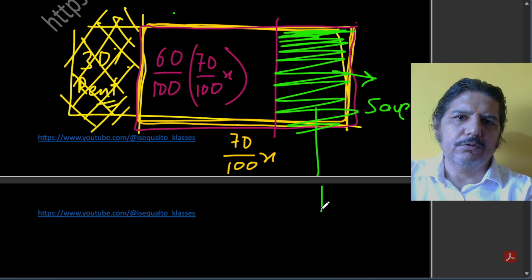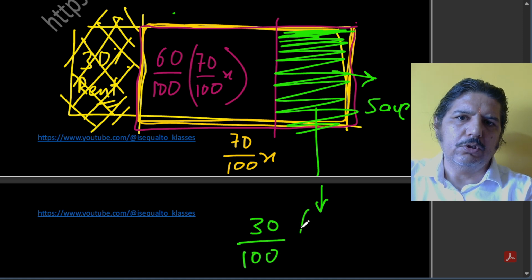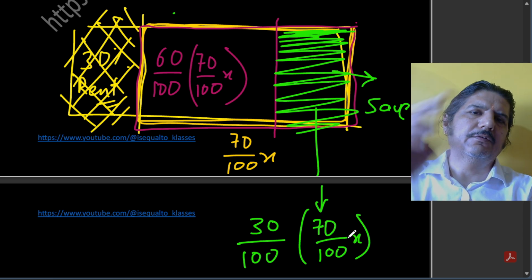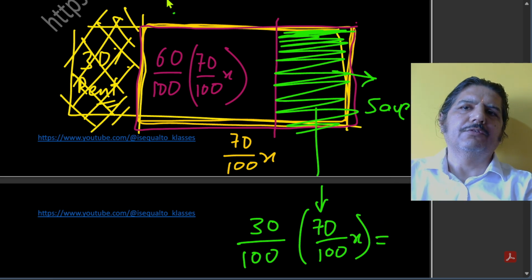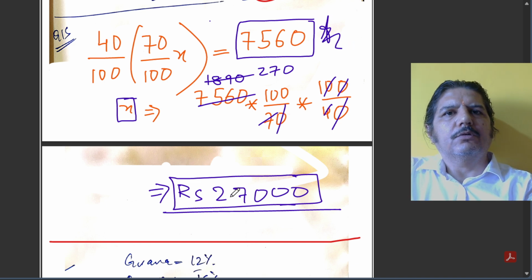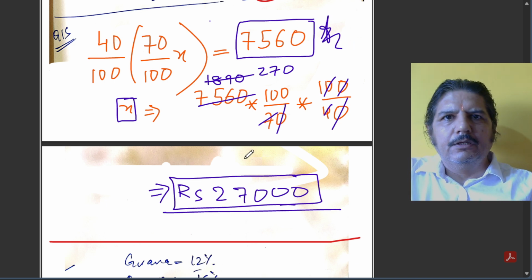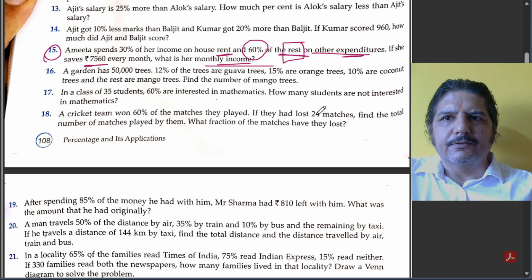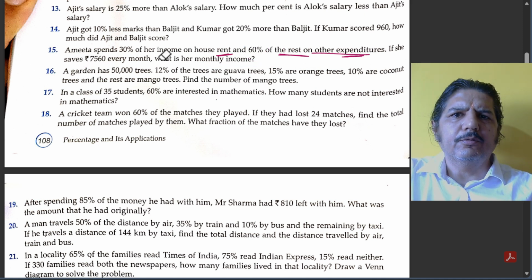And what is this amount? This amount is 30% of 70 upon 100x, and this will be equal to 7560. You calculate, and this amount comes to be 27,000. So I hope you are able to understand this. This is a tricky question.